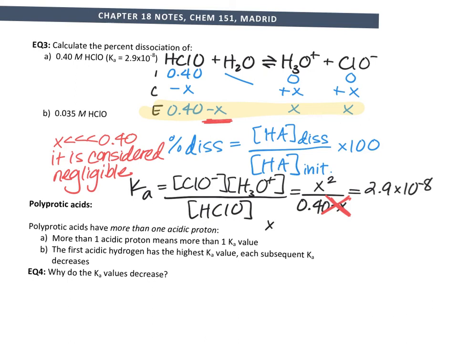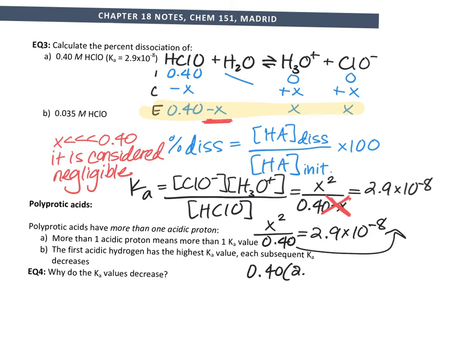So that means x squared over 0.40 is equal to 2.9 times 10 to the negative 8, which if we cross multiply this over, that means 0.40 times 2.9 times 10 to the negative 8 is equal to x squared.